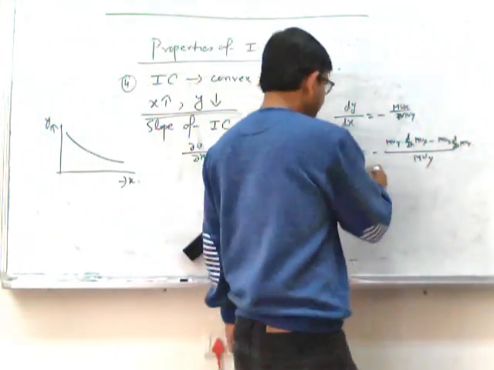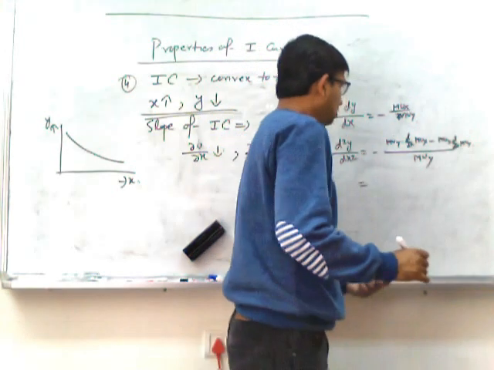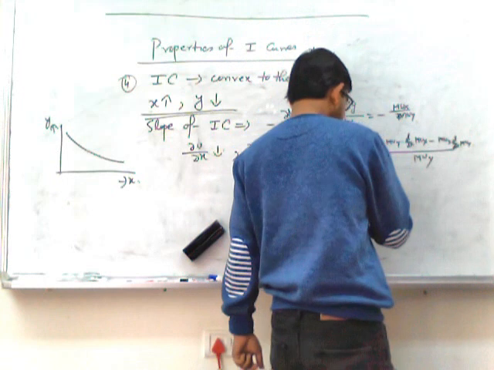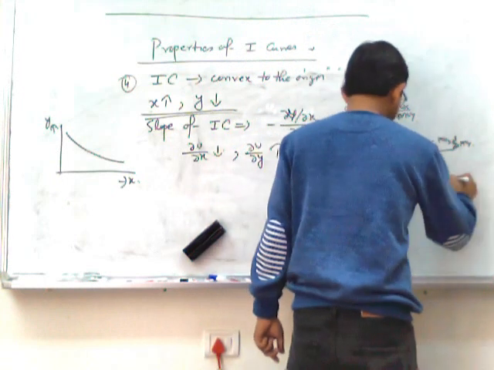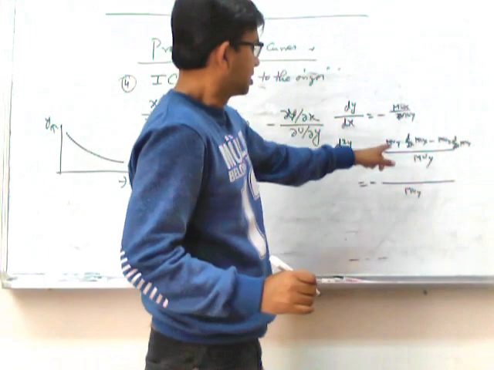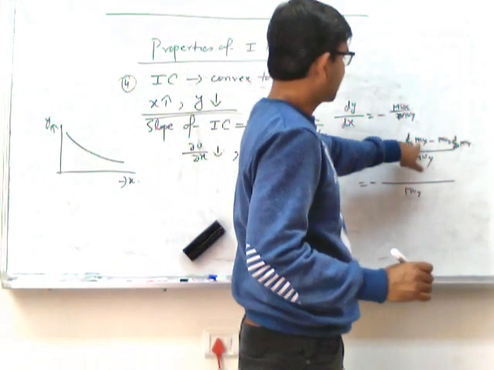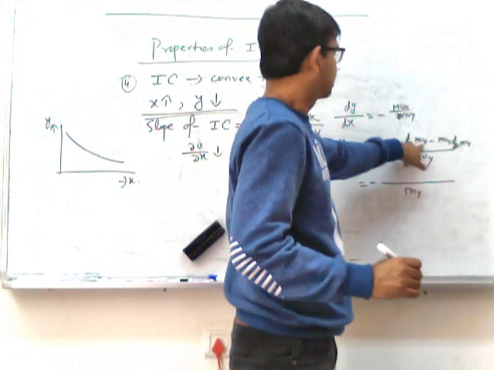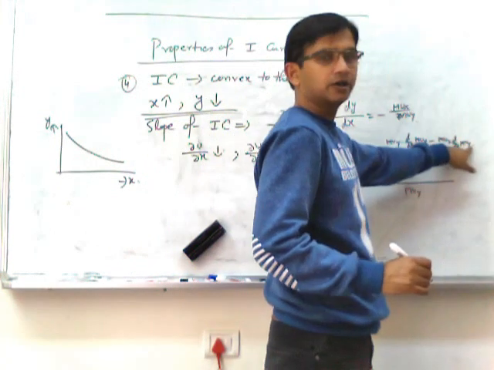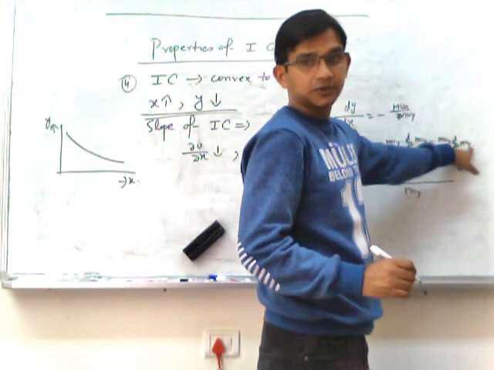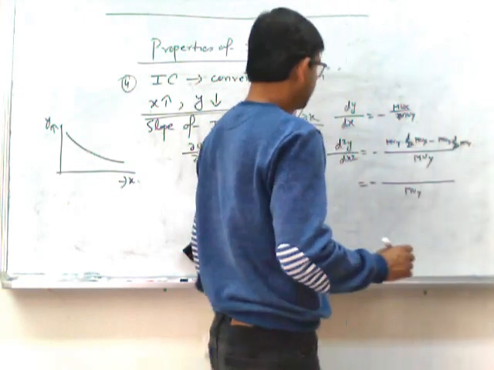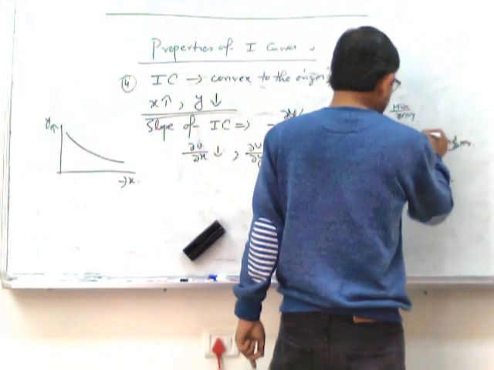So we know that as x rises, marginal utility of x will decline, and as x rises, marginal utility of y will rise, as per the properties of a well-behaved utility function. So what we see? This is negative.